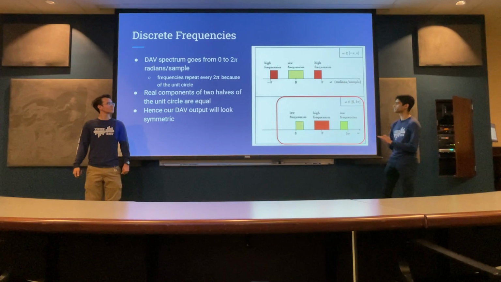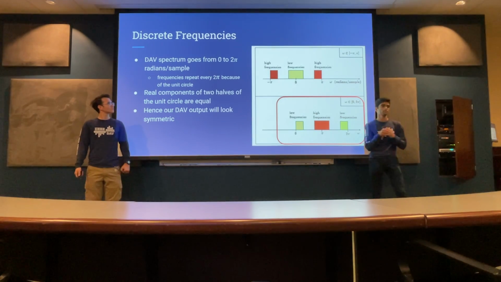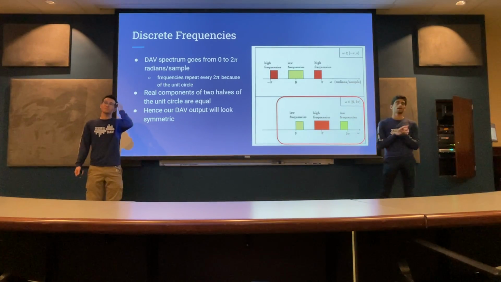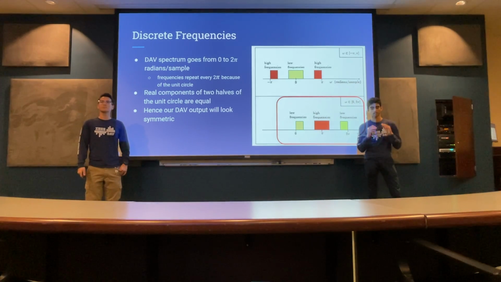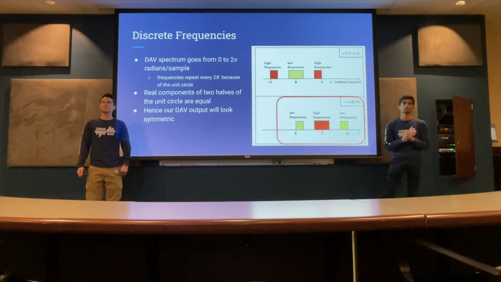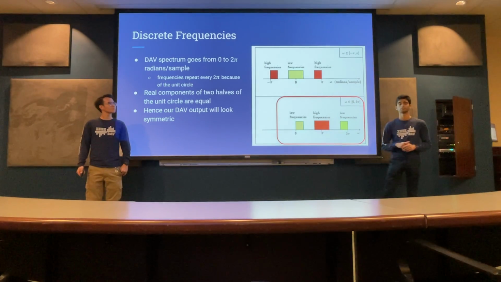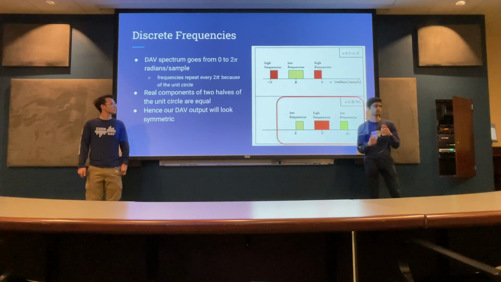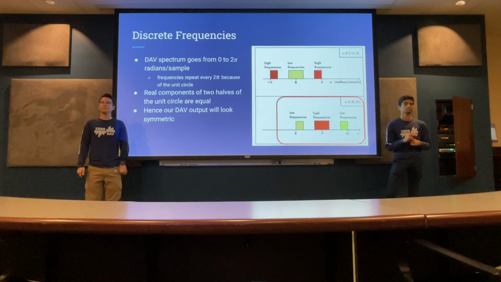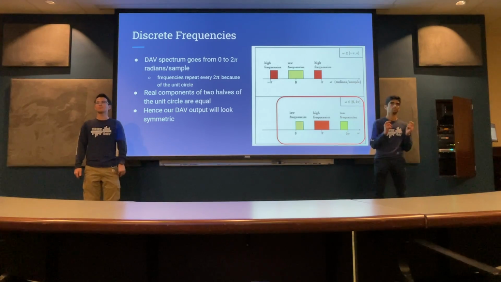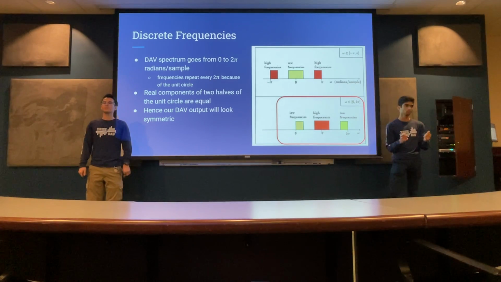You'll learn more about these in 113, but they come into play because in the DAV spectrum, we're using the FFT, which is the DFT. An important point is that when you do the DAV, you'll get a symmetric output, and we'll go into more of that with Andrew's drawing later. What's important here is that discrete frequencies from the DFT come in units from 0 to 2 pi radians per sample.